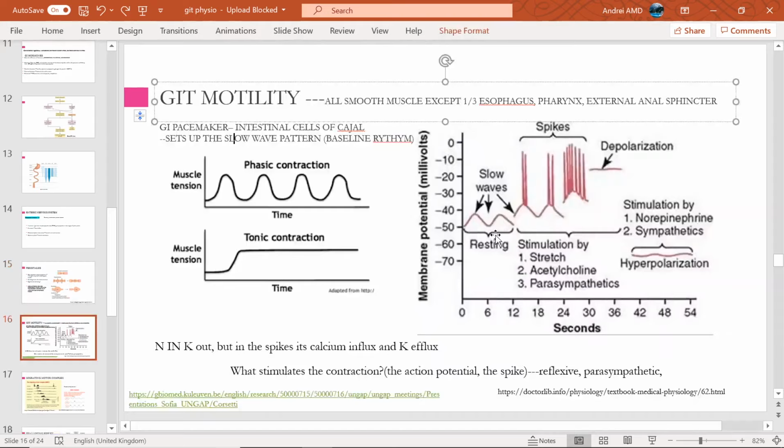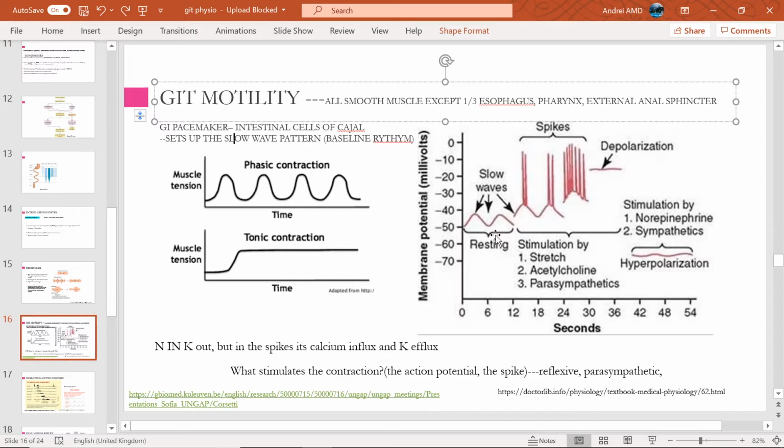Usually when you're resting, the resting membrane potential is -50. This is where it is. And when you're eating, or when you have parasympathetic stimulation, stretch, acetylcholine, these kinds of stimuli, it's going to bring the resting membrane potential a little higher up to here.